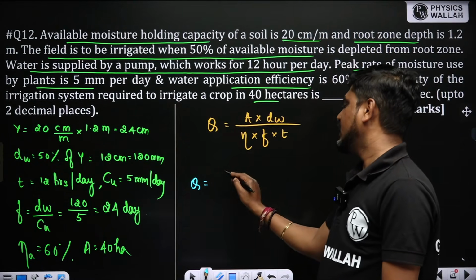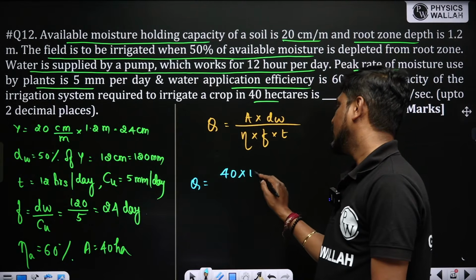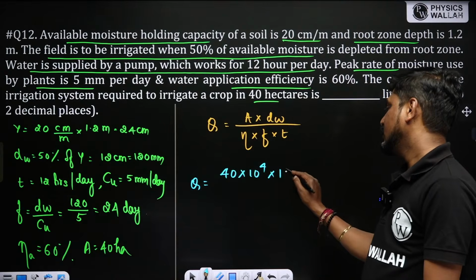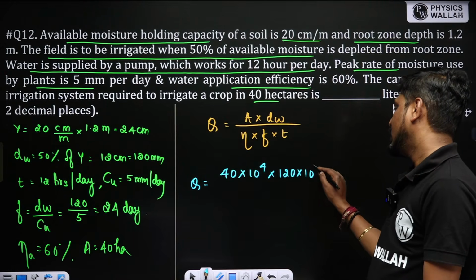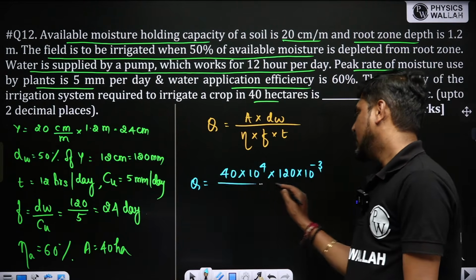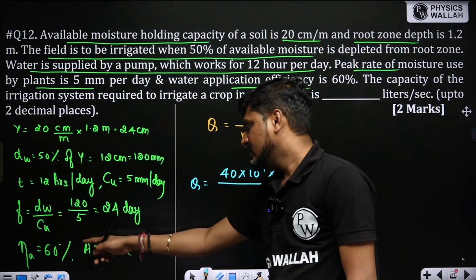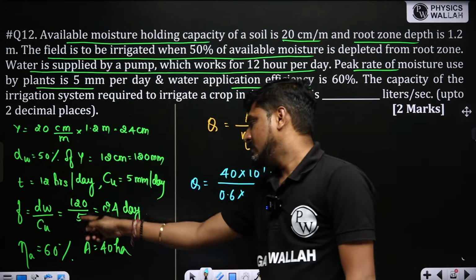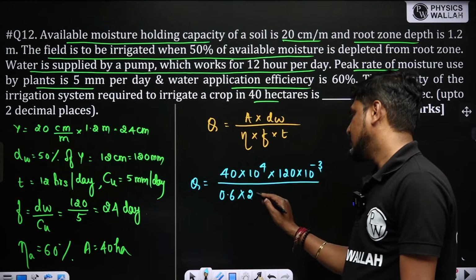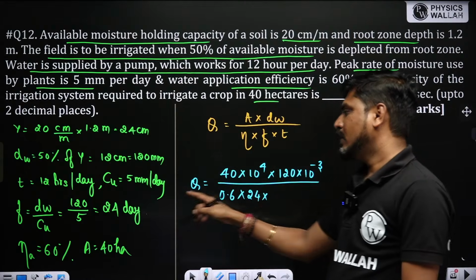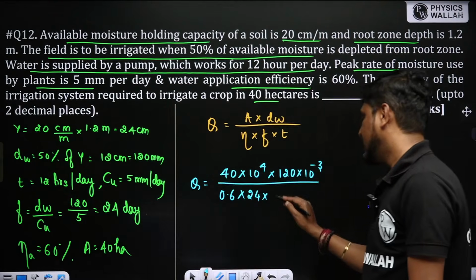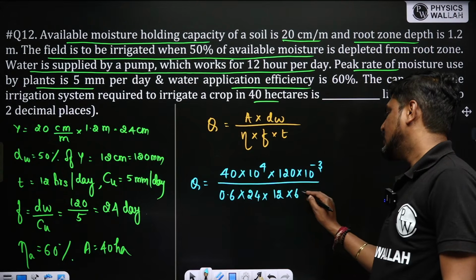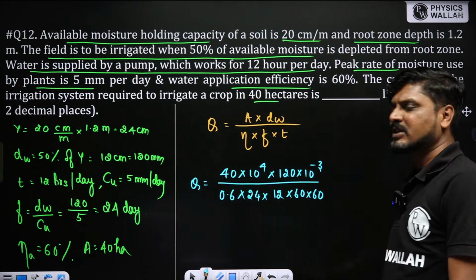Area is 40 hectares, 40 into 10 to the power 4, into dW 120 mm, 120 into 10 to the power minus 3, divided by efficiency 60%, 0.6, into F. F frequency is 24 days into T, pump working time 12 hours per day, 12 hours. 1 hour is equal to 60 minutes, 1 minute is equal to 60 seconds.